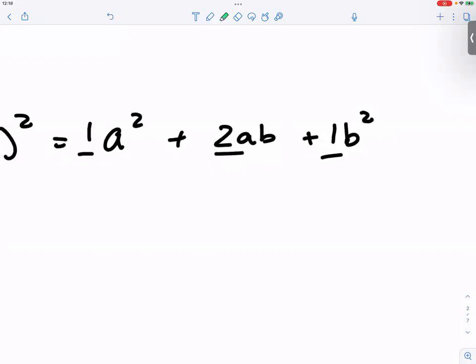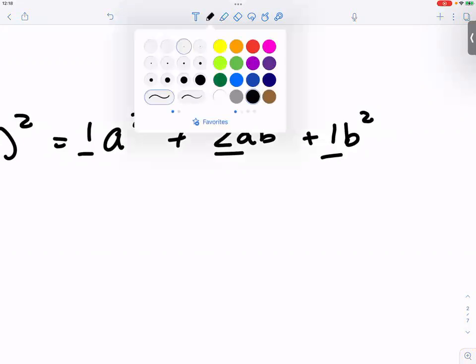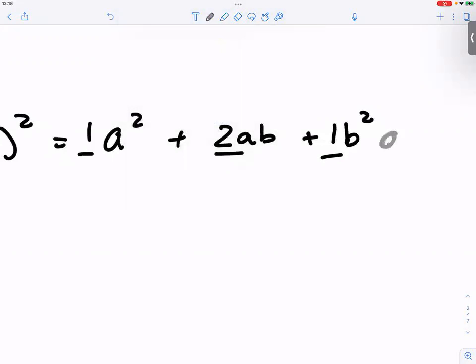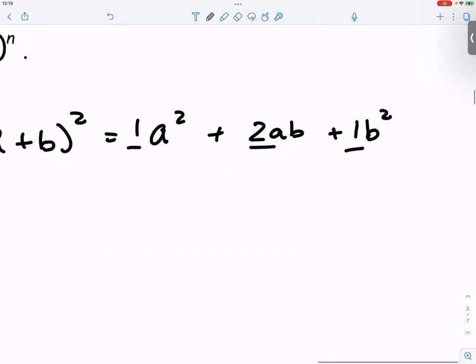A to the 0 power? Well, the reason why you don't see a in the very last term is because, what's a to the 0 power? 1. So for a, the power is descending from the highest number, and the highest number is indicated where? Well, right here, because a times a is a squared, right? So 2, and then 1, and then 0.